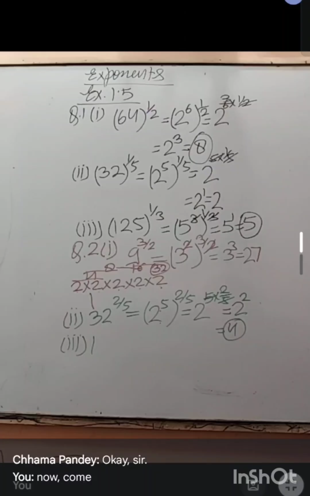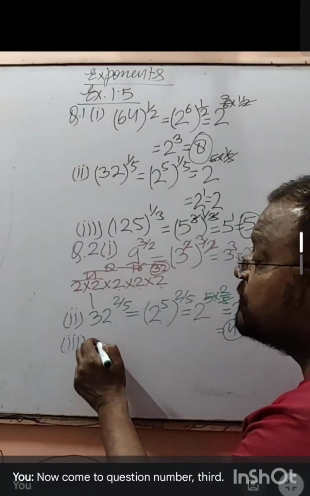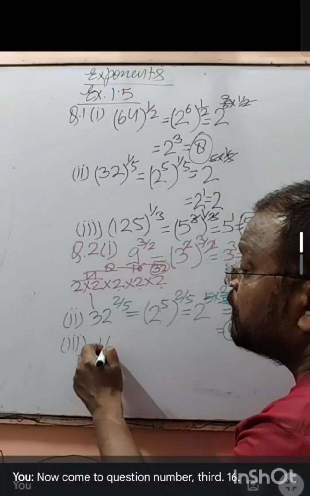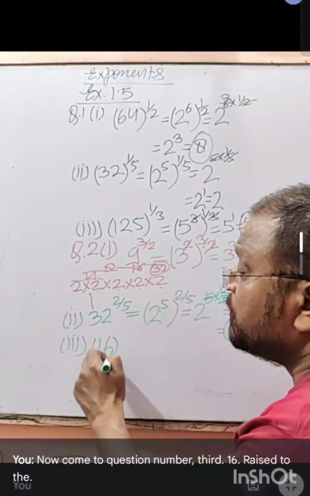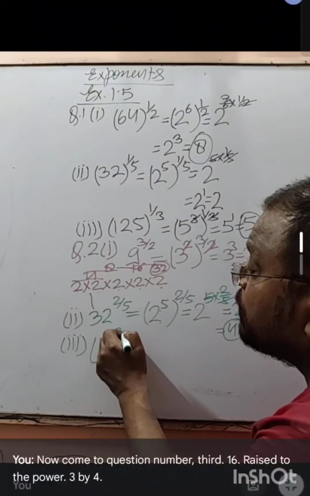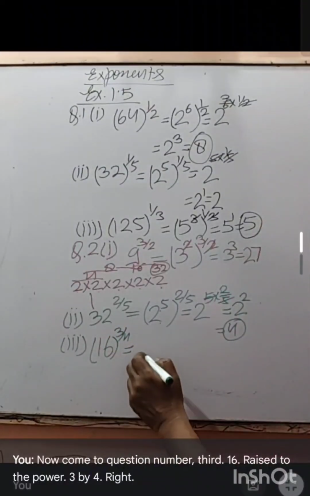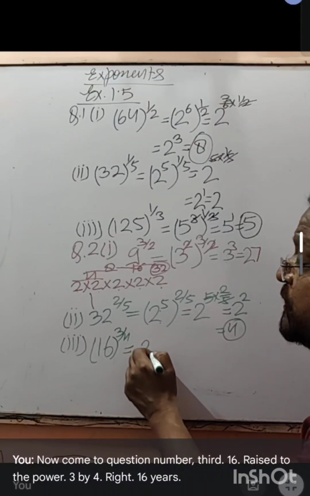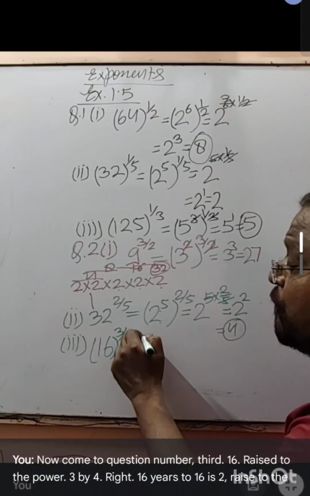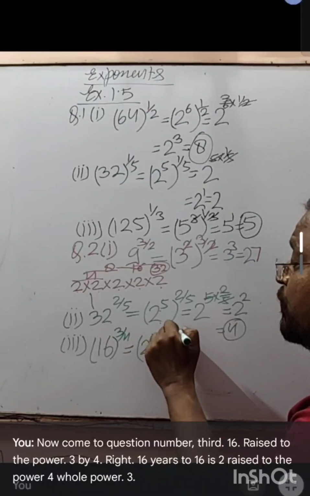Now come to question number 3. 16 raised to the power 3 by 4. 16 is 2 raised to the power 4, whole power 3 by 4.